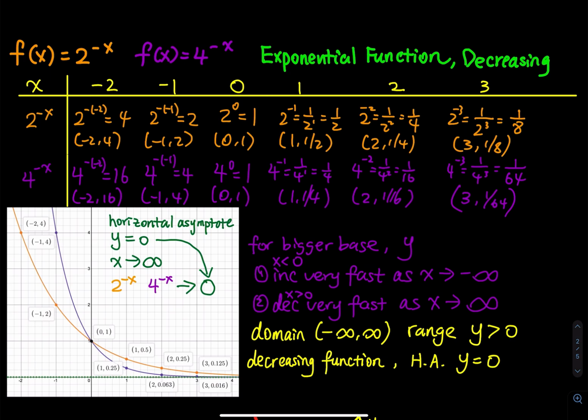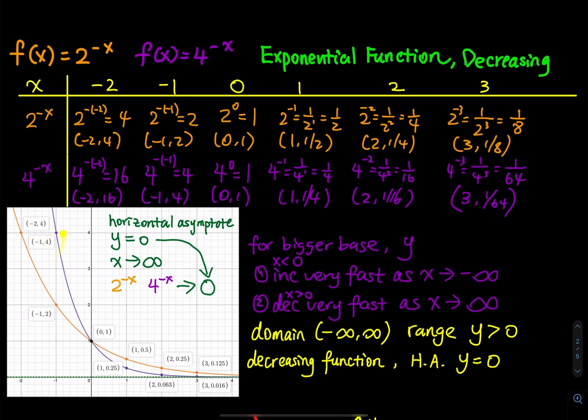Now, let's do a comparison for 4 to the negative x and 2 to the negative x. For the bigger base, I mean 4, I matched the color code for you. When x is less than 0, which is on the left-hand side of the y-axis, the purple function increases very fast as x approaches negative infinity, way faster than the orange function.